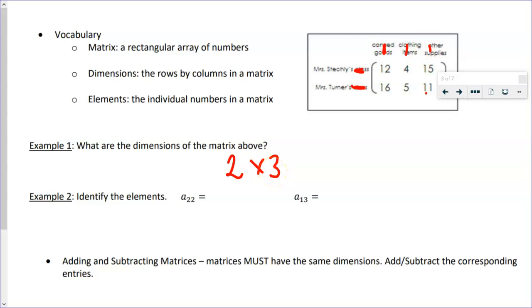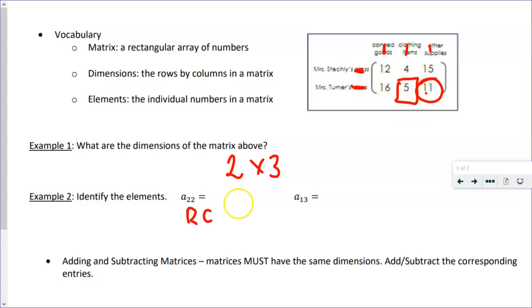Now, identifying the element. We said that the element will be a specific number that we are trying to locate. So if I'm looking at identifying the element a22, that means the first number 2 represents a row, the second number represents a column. So I am looking at the number at row 2, second column.